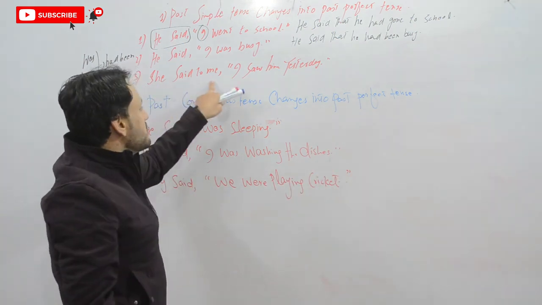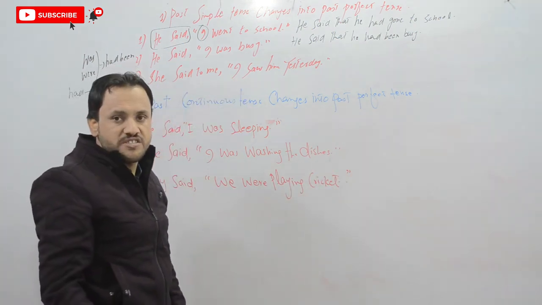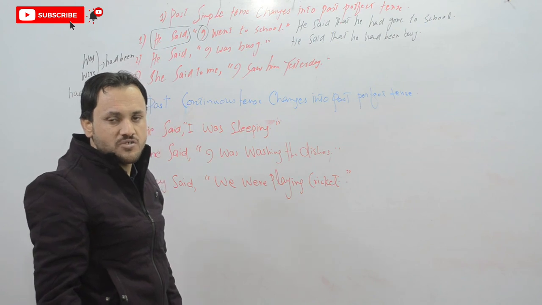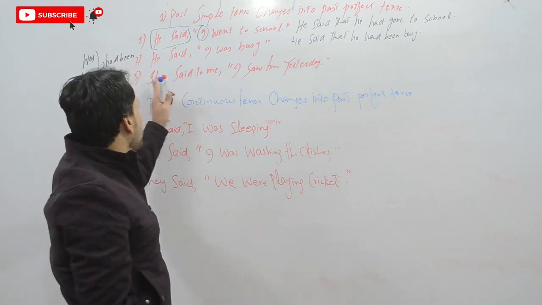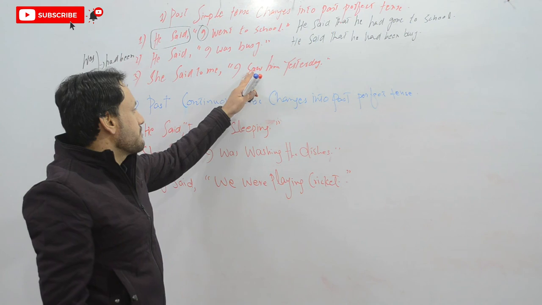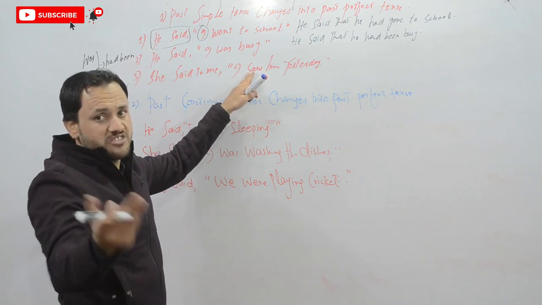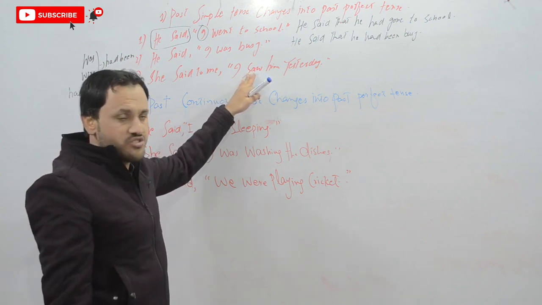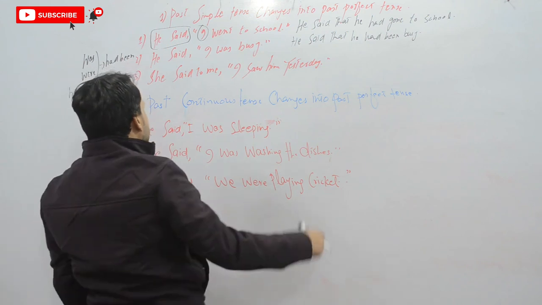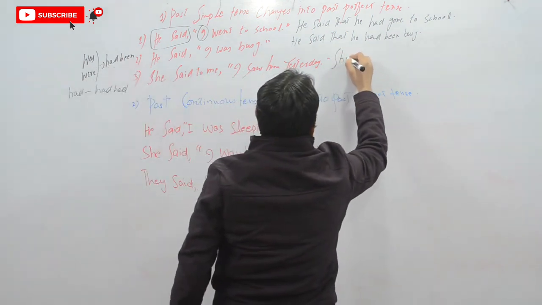She said to me, I saw him yesterday. The reporting speech is in past tense. The reported speech is also in past tense. The reported speech is changed into past perfect.